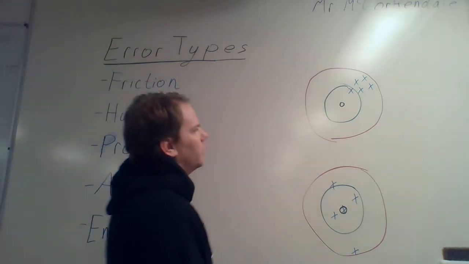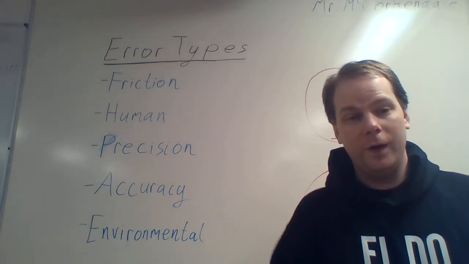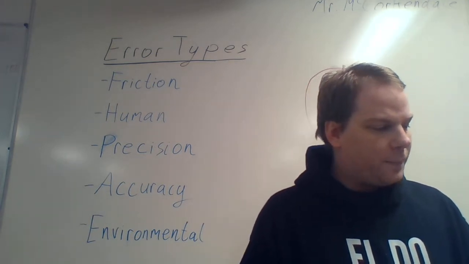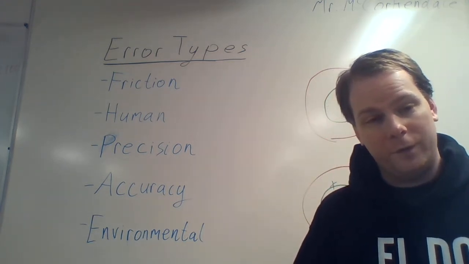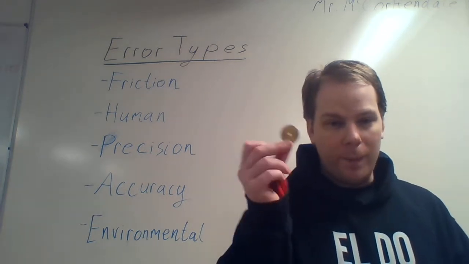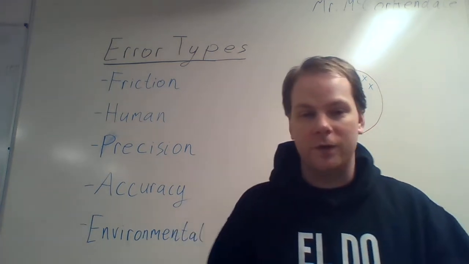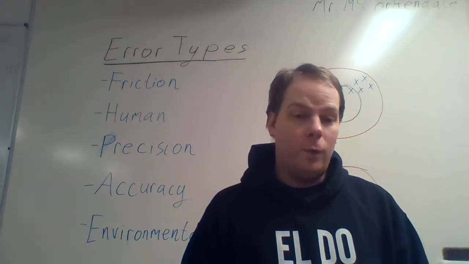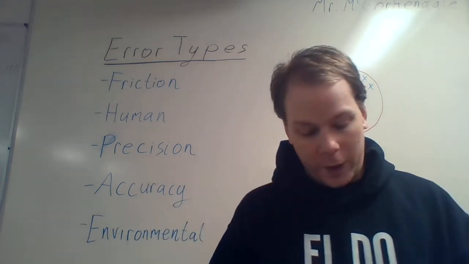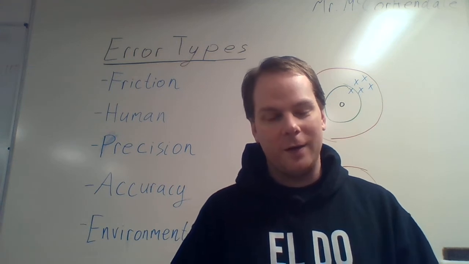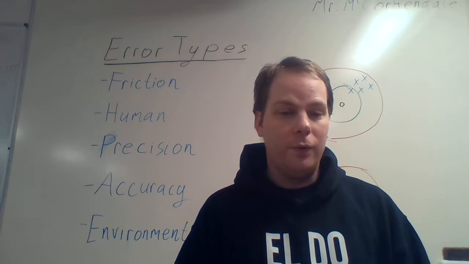Okay, so let's talk about precision errors and accuracy errors in experimentation. So think back to the force tables lab, vector addition, where you were trying to add masses to the hangers until the target was sitting perfectly in the center. Every once in a while, and I think everybody actually encountered this, you ran into a point where you couldn't quite get it to center correctly when you were putting the masses on.